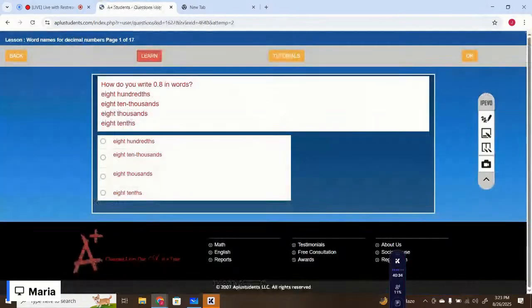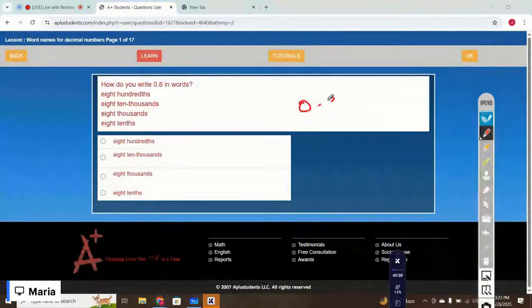How do you write 0.8 in words? So 0 is at the ones position and 8 is at the 10th position. So it would be 8/10. Option number 4 is the correct option.